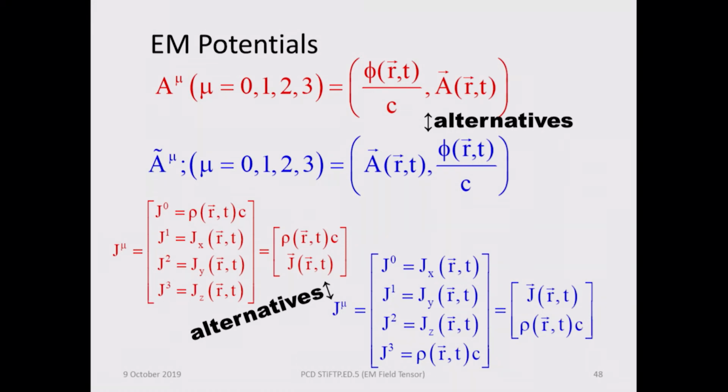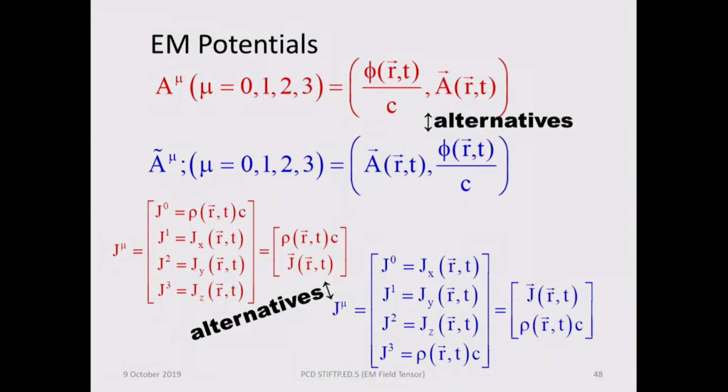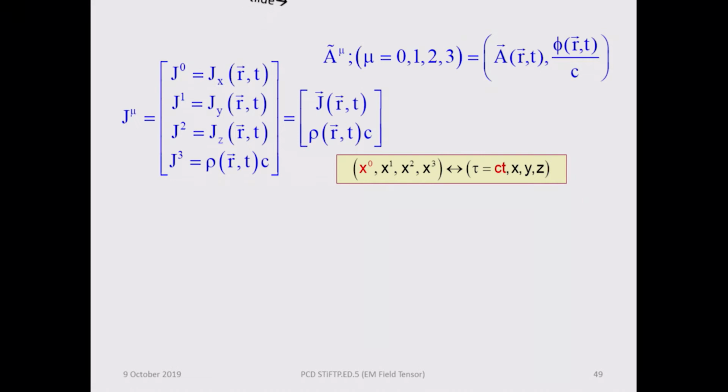It is completely equivalent, but then you will get an alternative form for all the equations that you got, and the alternative is coming also because the current density vector is now J first and rho C next, rather than the previous case where you had rho C first and J next. So, you have got the red form which is associated with A mu, and you have got the blue form associated with A tilde. So, these are the 2 alternative schemes, and using these you have an alternative electromagnetic field tensor, which I call G. All right.